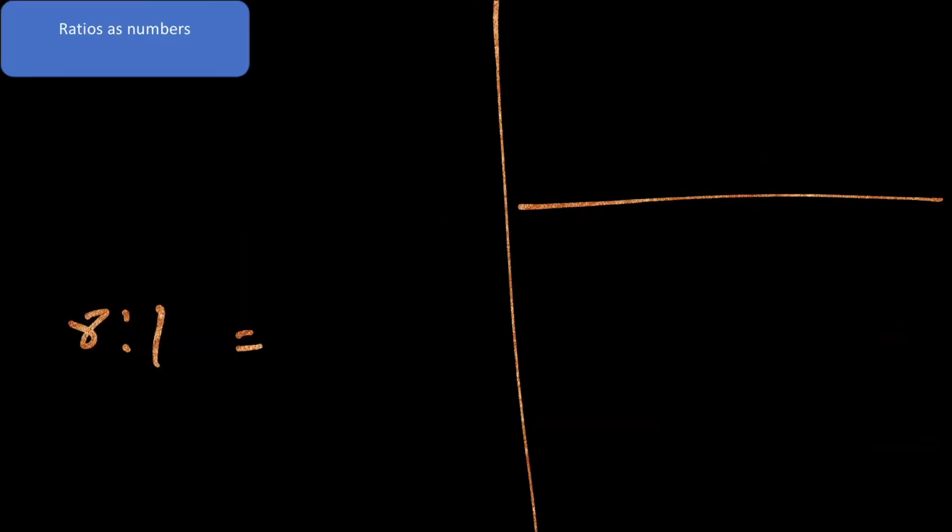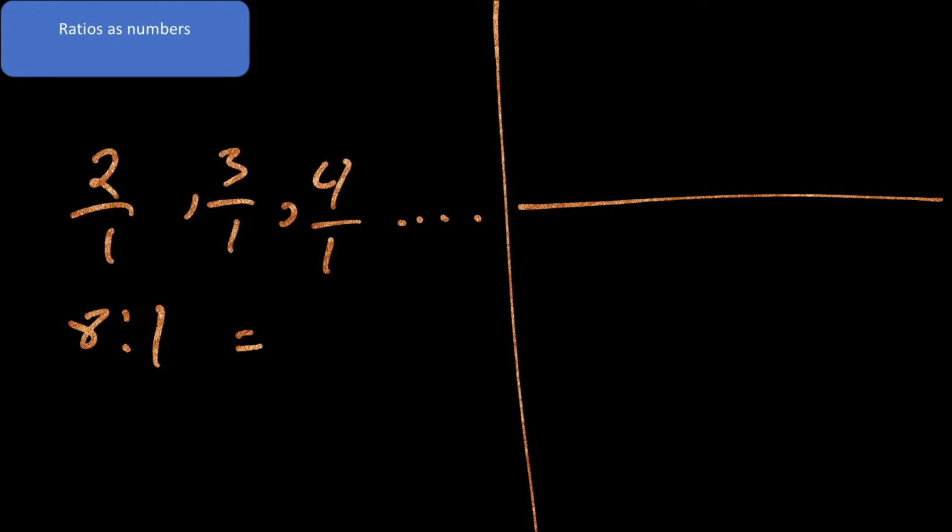Okay, so I want to recall that a fraction is just a number. So we can think of ratios as numbers too. When we write the fractions, so I have 1/8 here, and if I were to write these fractions, 2 over 1, 3 over 1, and 4 over 1, we would write these just as 2, 3, and 4.